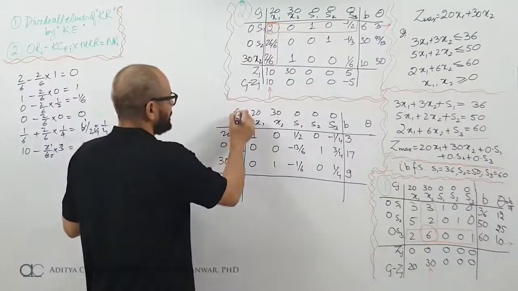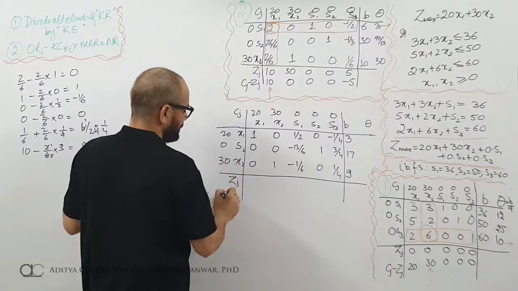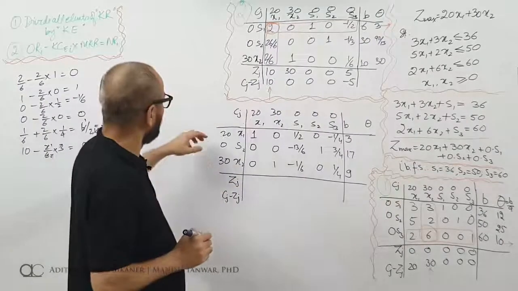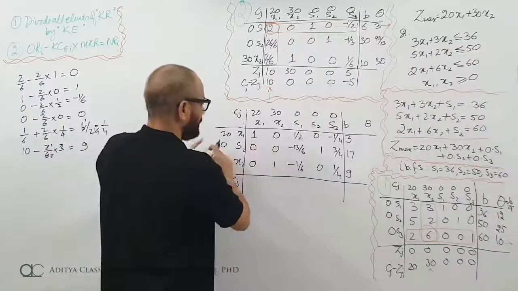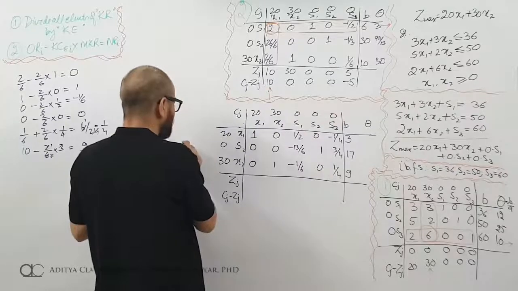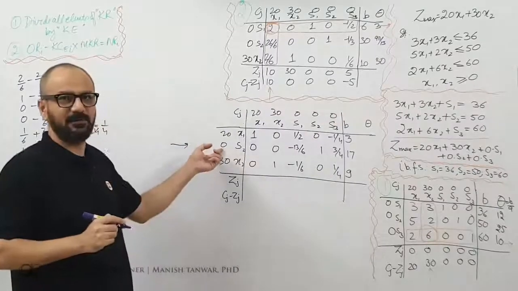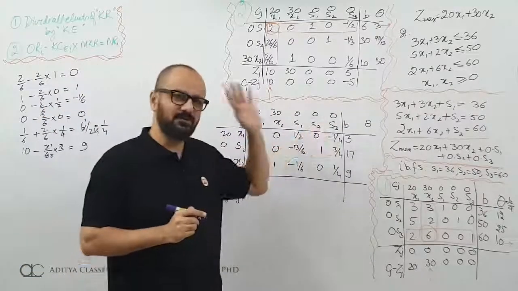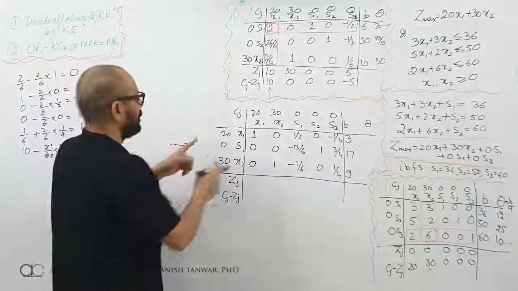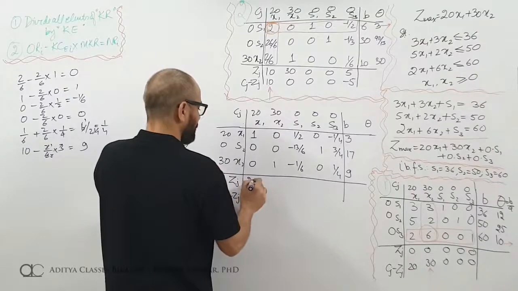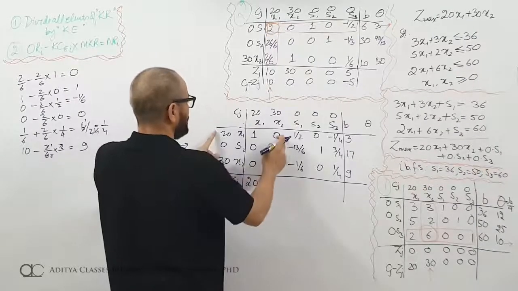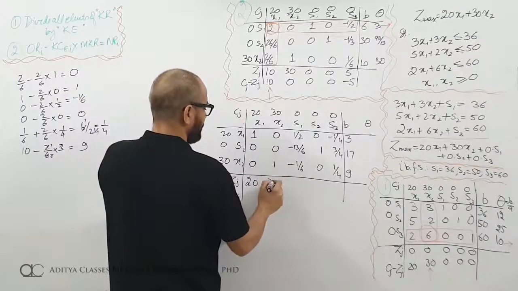Now these were Cj's, these are Zj's, Cj minus Zj. So first let us find out Zj. 20. This complete row will not participate anywhere because it will be multiplied by 0. So this will be 20, this is 0, 20, 0 plus 30, 30.